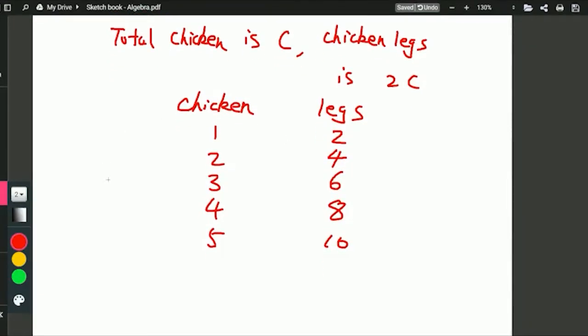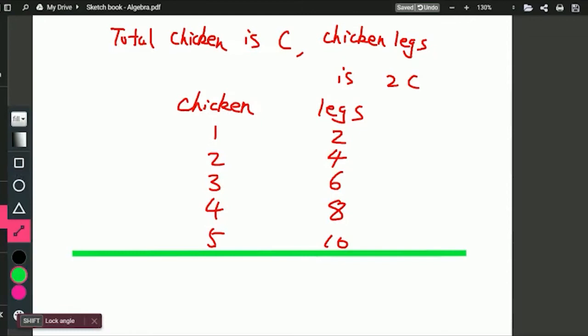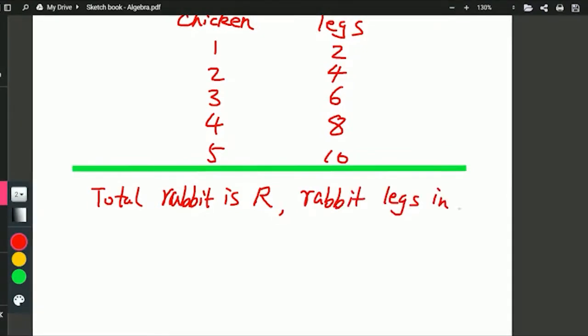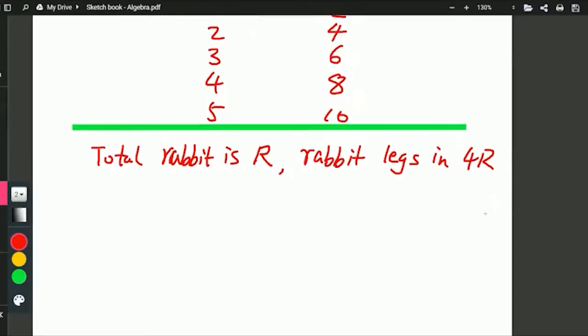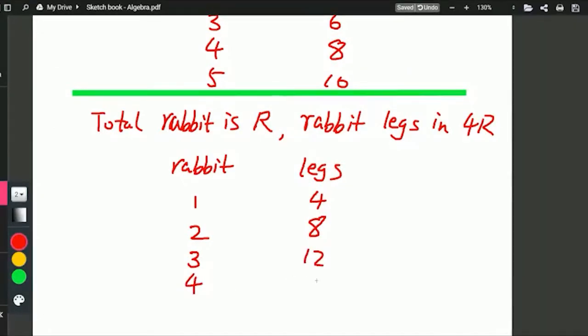And likewise, if the total rabbit is R, then rabbit legs is 4 times R, because one rabbit has 4 legs. 2 rabbits have 8 legs. 3 rabbits have 12 legs. 4 rabbits have 16 legs.